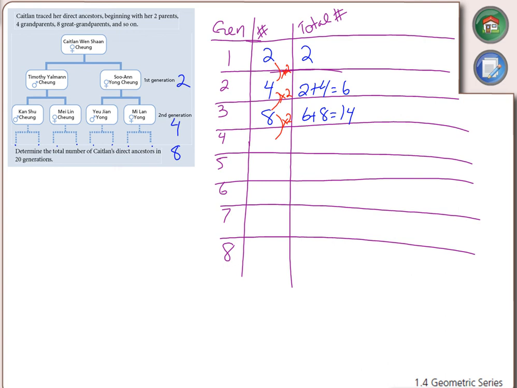Math's about patterns. Look for the patterns. Find what works. So then that's going to be 16, 32, 64, 128, 256, ... That's going to keep going that pattern.